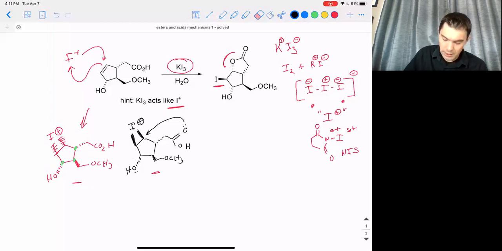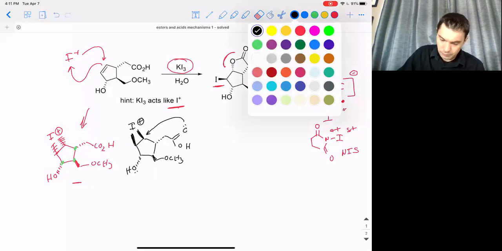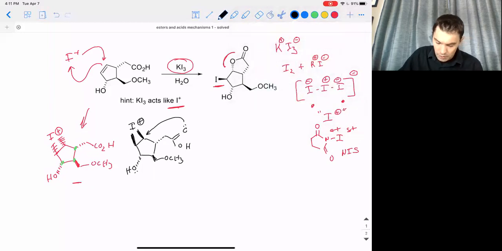I'm just going to delete that so that we don't get confused. I'll just delete this as well. Okay, and so if that attacks there, then we're going to need to engage our leaving group and break that carbon iodine bond. So I'm going to add a second arrow. And now I'm going to have the oxygen, and that's going to mimic the stereochemistry here.